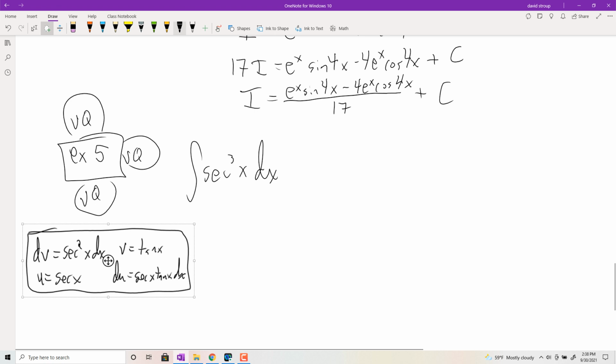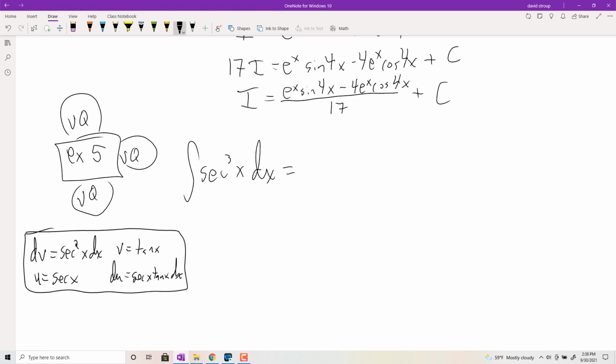All right, so I'll end up with just u times v, so secant x tan x, minus the integral of secant x tan squared x dx. Okay? So we'll do a whole chapter here on trigonometric integrals, but the long and the short of it is that you're going to want to convert the tan squared using those Pythagorean identities. Remember, sine squared plus cosine squared is 1.